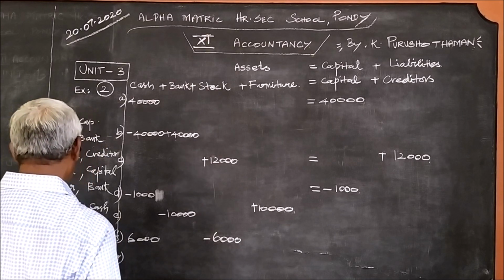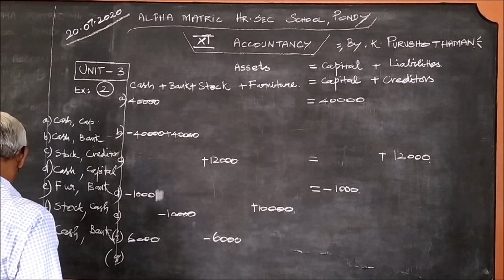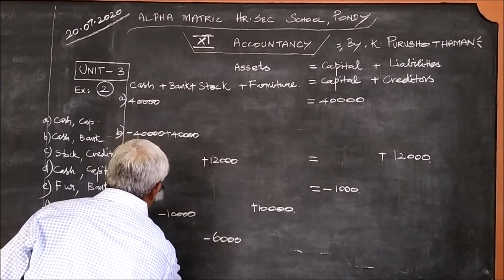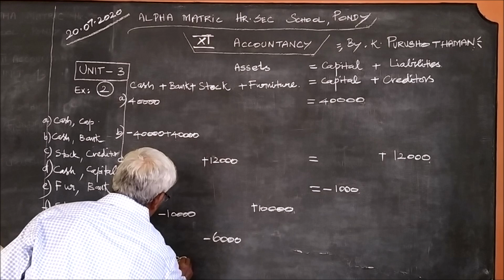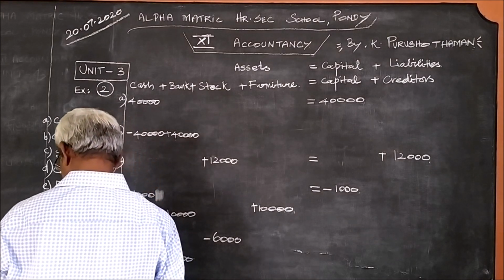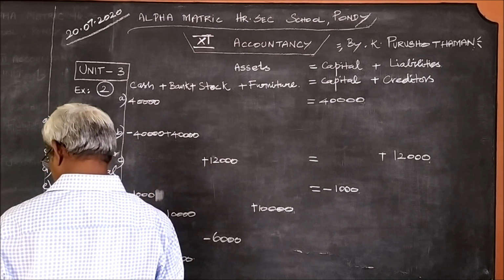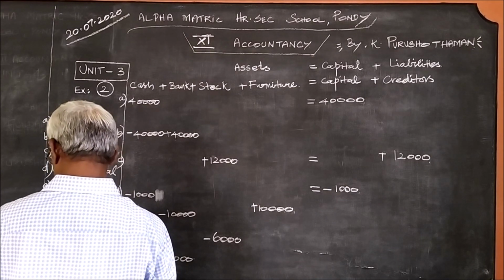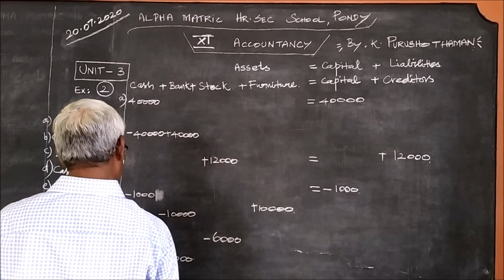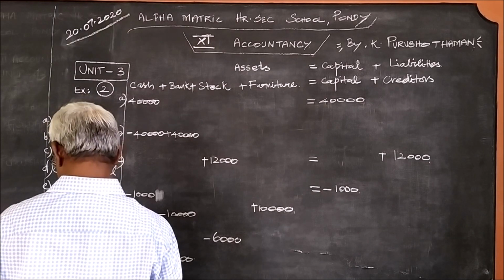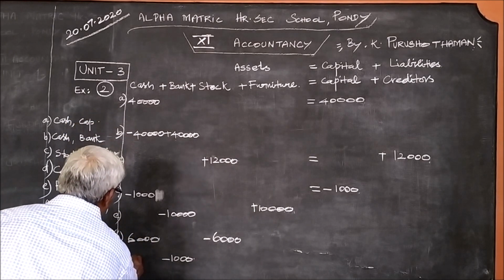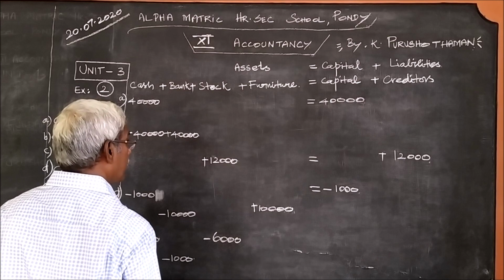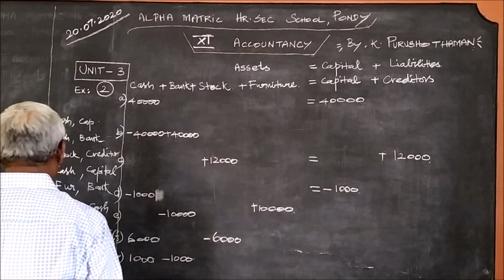Money withdrawn from bank for office use. 1,000. So in the bank minus 1,000, and from the bank it is minus, for office use the cash comes in, therefore it is plus. These are all the entries given.